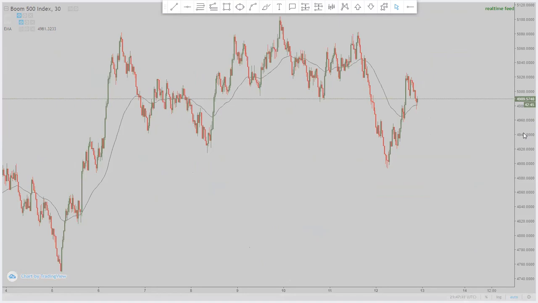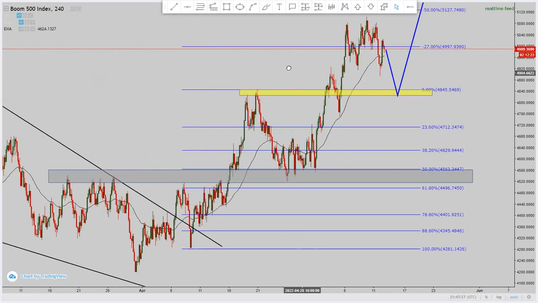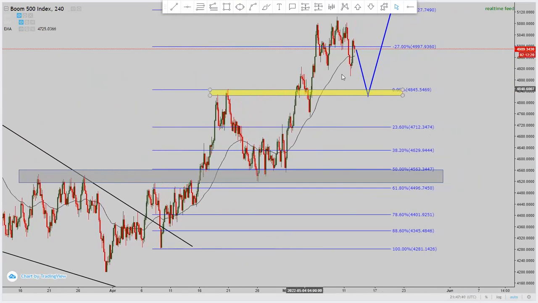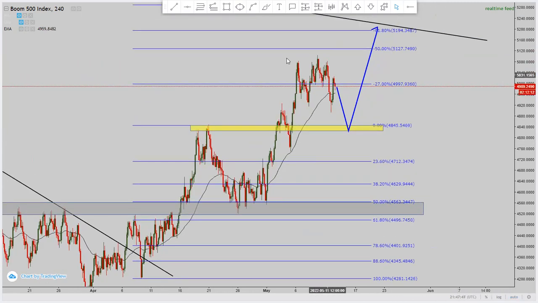I gave you some entry points to actually scale into that buying momentum that Boom 500 is currently moving in. So long as price comes back and retests our 0% fib level, we're simply going to add more buys there, on that area there.